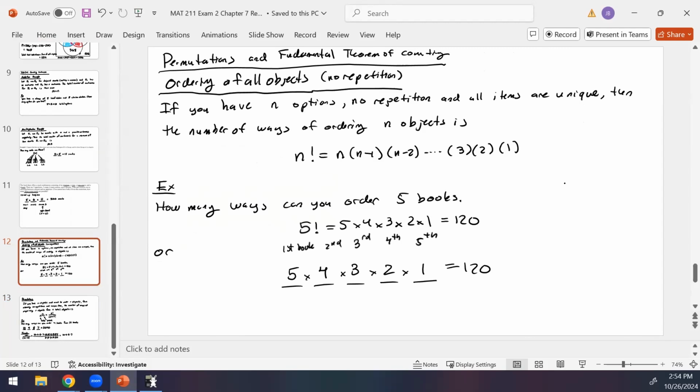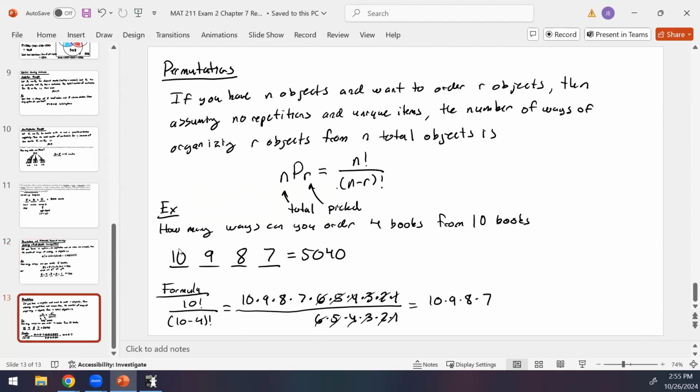So it is a permutation, but a permutation of everything, right? And then this is permutation of some objects, no repetition.